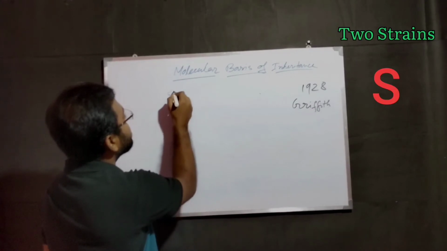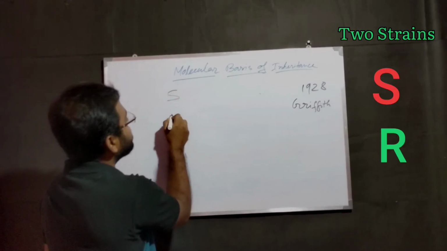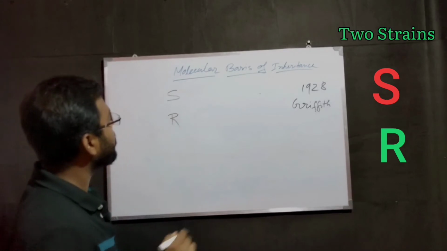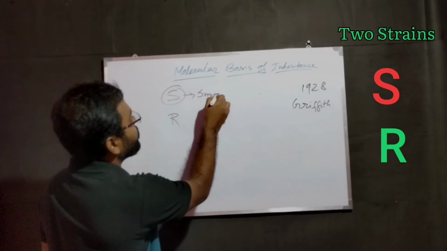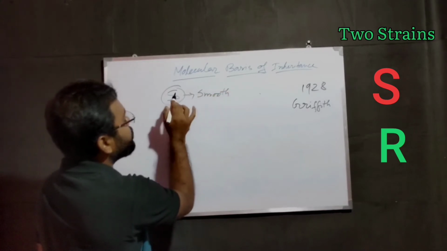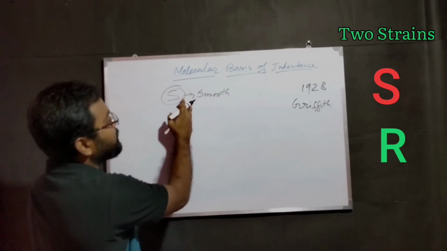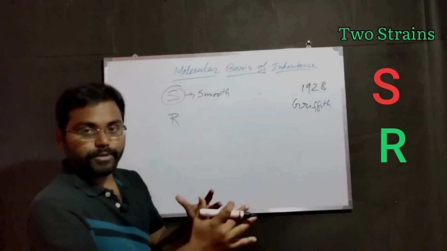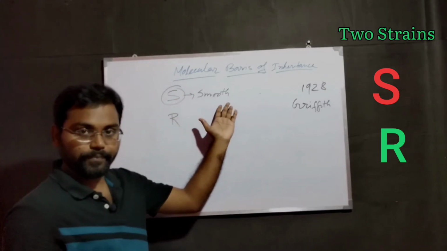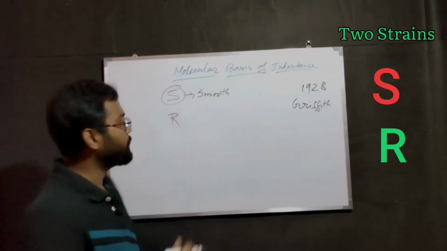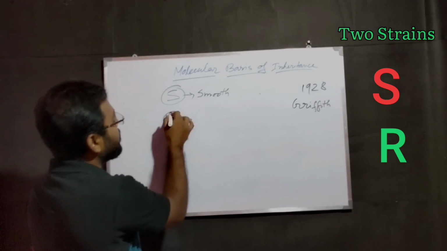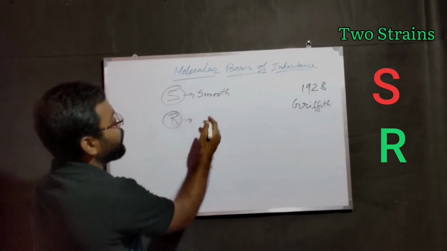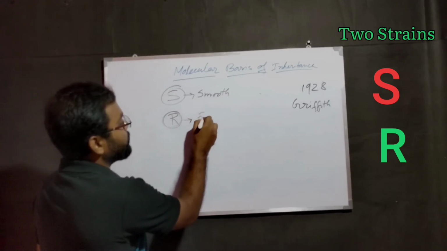One is S and another is R. S stands for smooth. That means this type of bacteria forms smooth, shiny colonies, and the other, R, forms rough colonies.